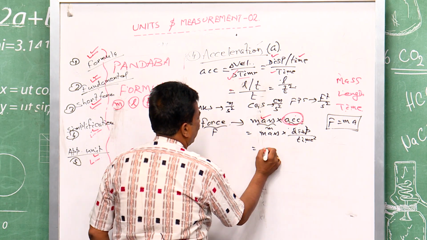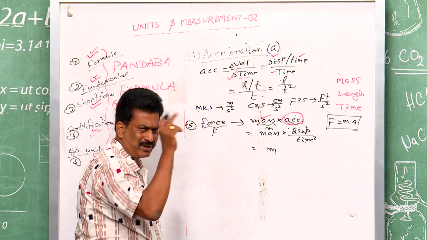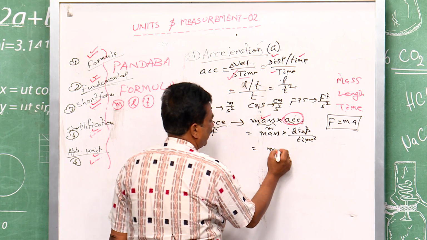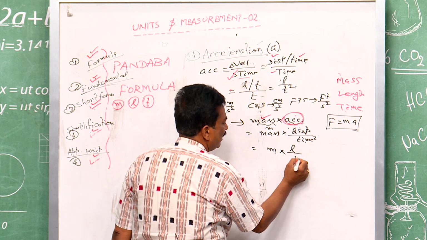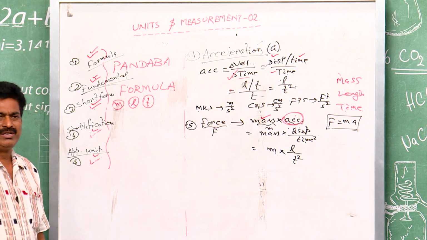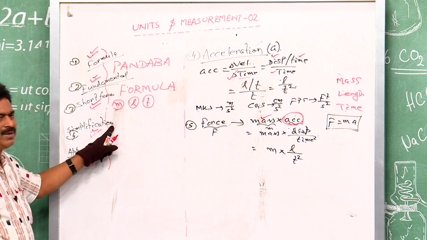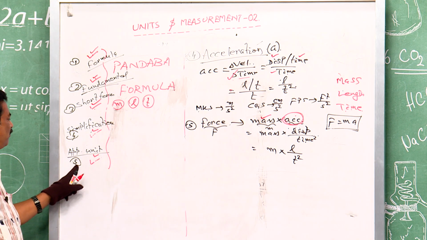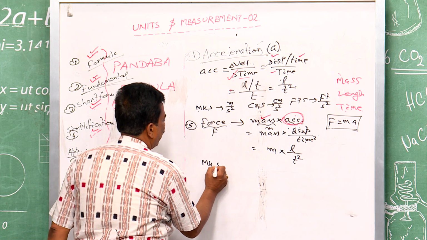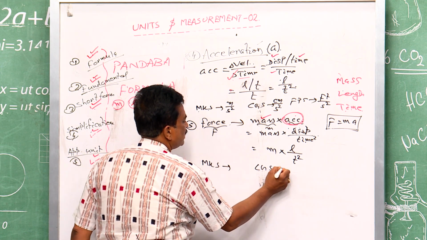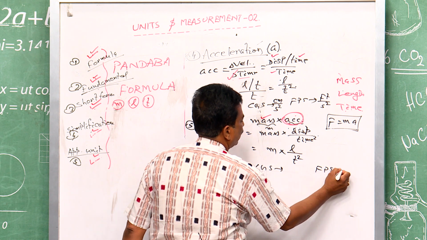Next comes the shortest form. For the shortest form, mass is the small m, as we have taken. For the distance, that is L. For the time square, this is t square. So the simplification is done. Next comes the fourth step, the appropriate unit, for MKS, CGS, FPS.